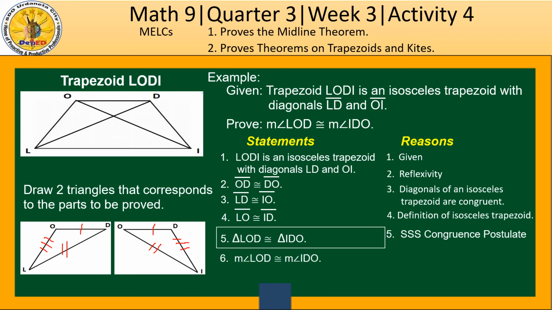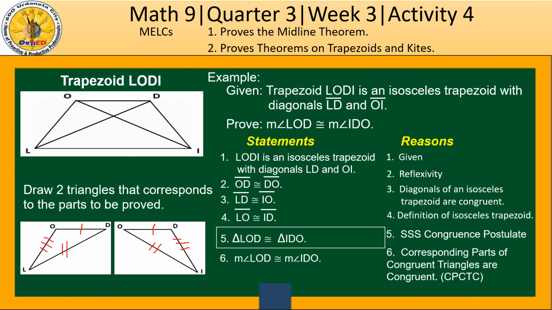The next and the last will be our problem: the measure of angle LOD is congruent to the measure of angle IDO. What will be our reason? Since these are two congruent triangles, corresponding parts of congruent triangles are congruent, or CPCTC.